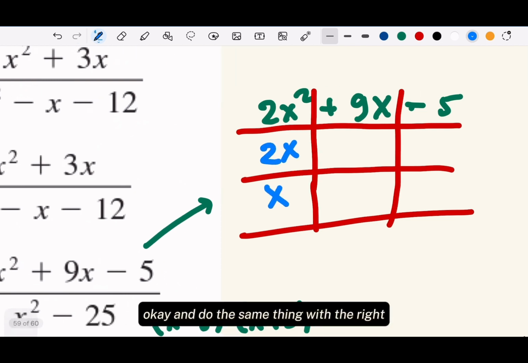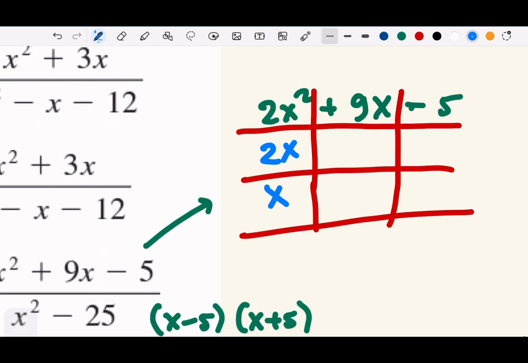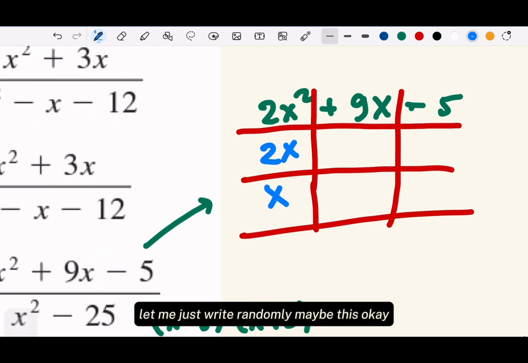Okay, and do the same thing with the right component, negative 5. What possible numbers we have? It can be 1, negative 1, or negative 1, 5. Just try any, and just write here first. Let me just write randomly, maybe this.